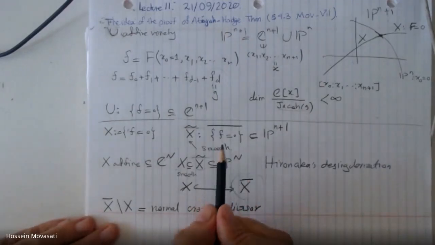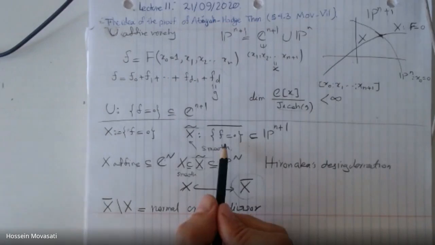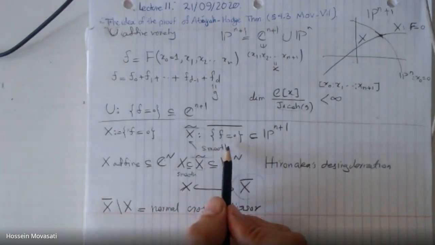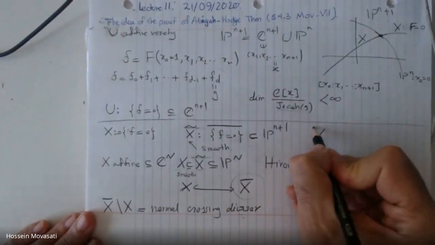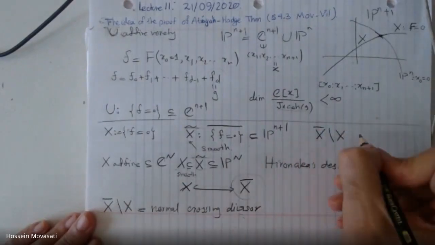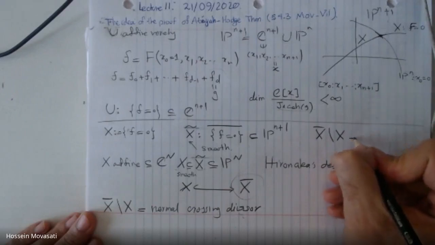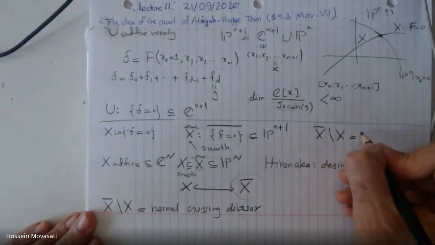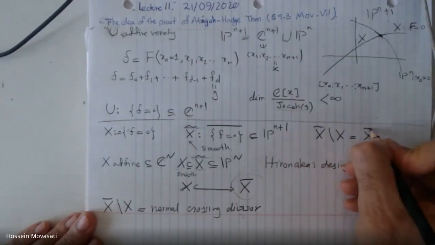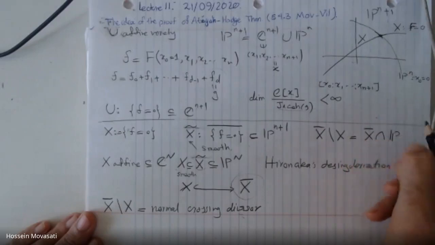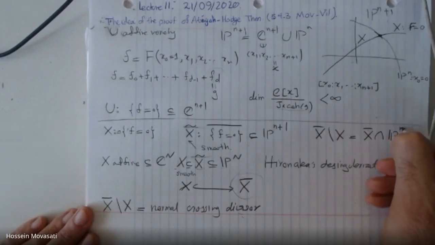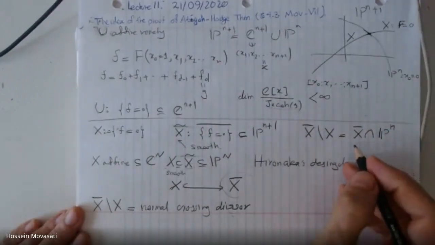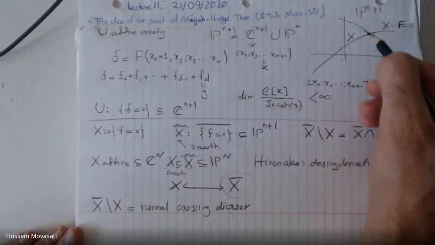In our main example, we don't need to make a desingularization, because X bar minus X is just X bar intersected with the projective space at infinity P^n, and this is already smooth.